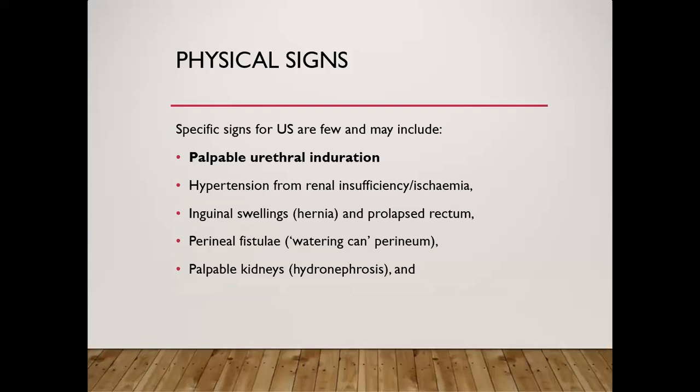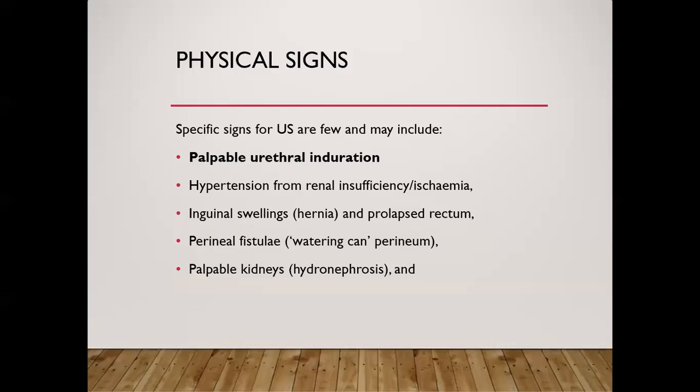So in the physical signs, the specific signs of urethral strictures are few, and they may include a palpable urethral induration. If you palpate along the urethra, you may actually feel the scar tissue that will feel a bit hard, and that's what we call the urethral induration.